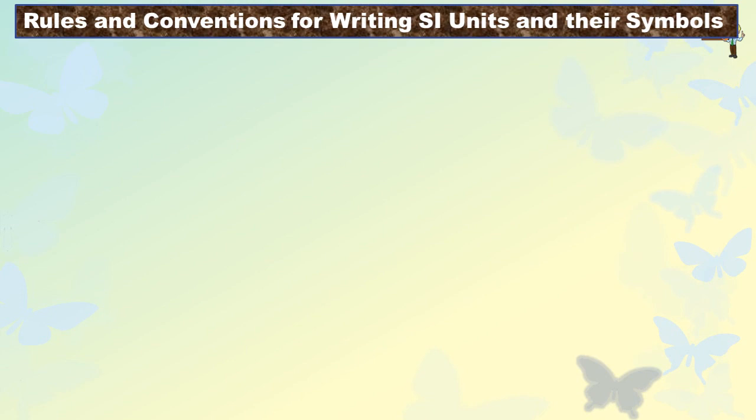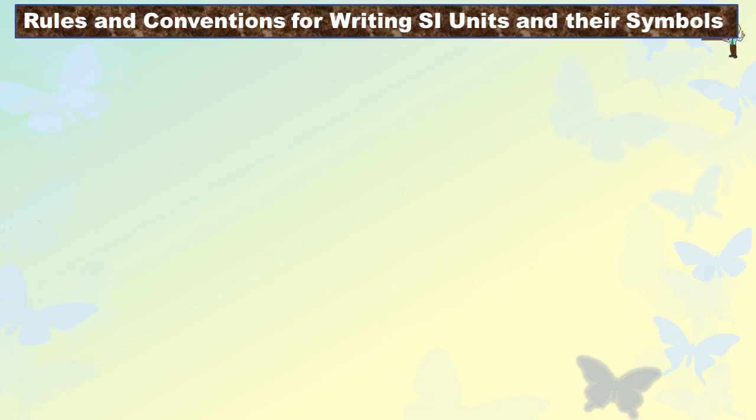Now let's see the rules and conventions for writing SI units and their symbols. Students, first of all, I will explain why these rules and conventions are made for SI units and their symbols.